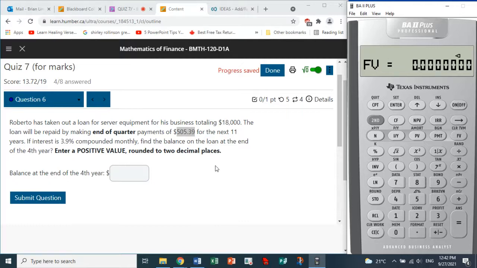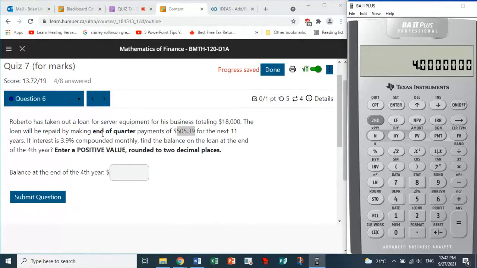So what happens? All right, so to know the balance at the end of the 4th year, we take 4, and then we multiply by what? Well, we have to multiply by PY. Okay, and PY is what? Well, PY is end of quarter, making end of quarter payments.